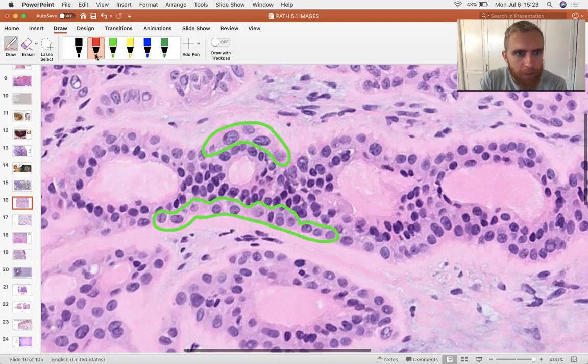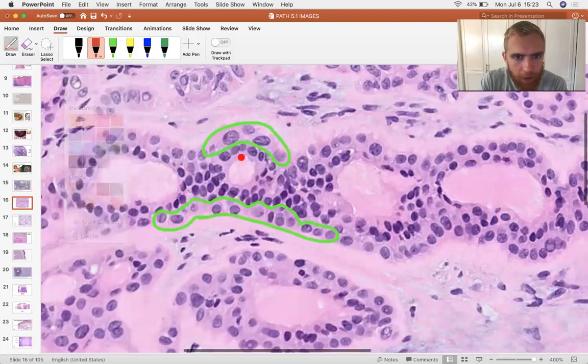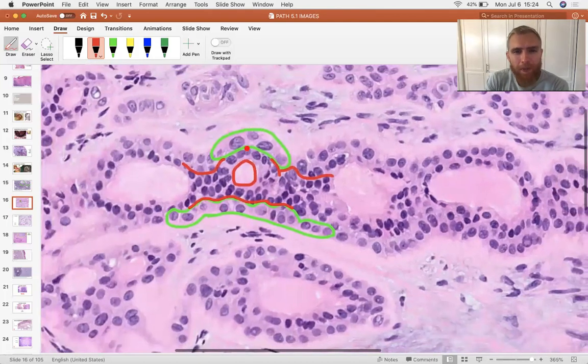So now I'll highlight our normal epithelial cells in red, and there's the apical side of those epithelial cells. There we go. So there you can see that we've got myoepithelial cells on the outside and normal epithelium on the inside.